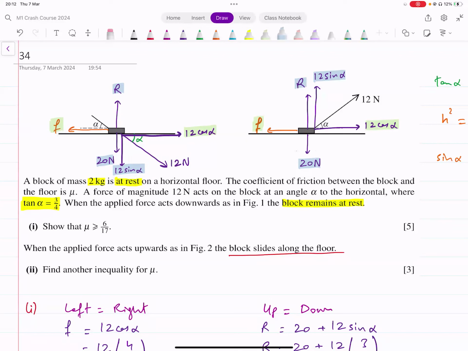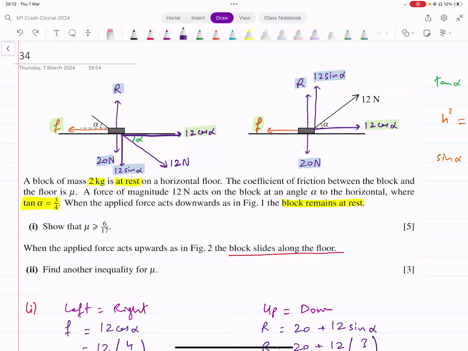Now, in this case, what they're saying is that the block slides along the floor. What does that mean? It's not equilibrium anymore. The object is moving now. Now, when the object starts moving, that means these forces are not going to be equal anymore, right?